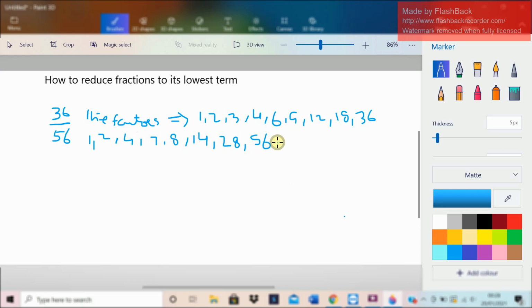Now we reduce the fraction by dividing both the numerator and denominator by their greatest common factor, that is 4.